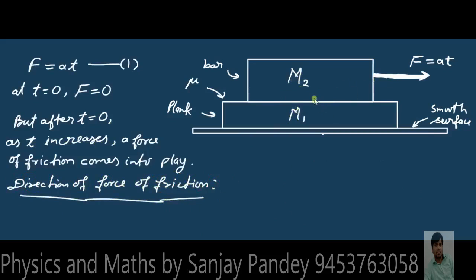So the direction of force of friction Fr on block m2 will be opposite to force F. So on this block, the direction of force of friction is this. Suppose it is Fr. Now by the action-reaction law, an equal and opposite force Fr will also act on the plank of mass m1 in the direction of applied force F.